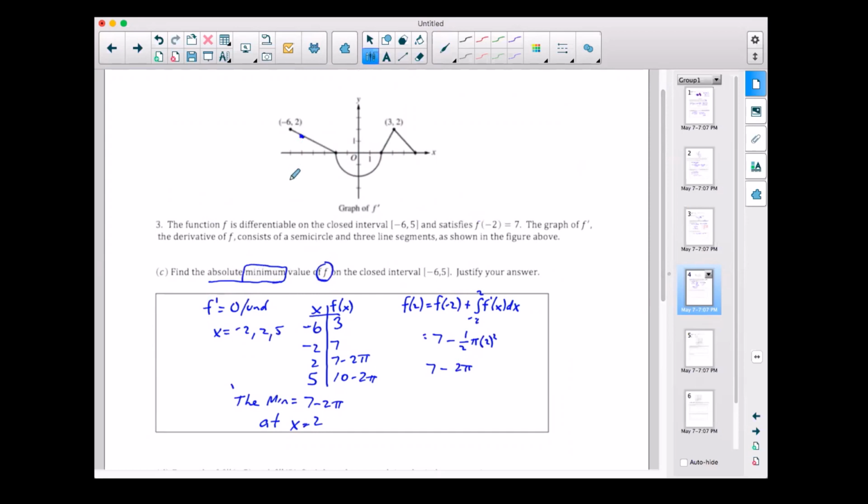And we saw another question kind of like this on the previous example, right? It wants to find the slope right here. When it asks you for the slope at a point on a line, the simplest way to find that is just to find the slope between the endpoints. A line will have the same slope no matter where you are. Let's just find the slope between -6, 2 and -2, 0. There's a couple ways you could do that.